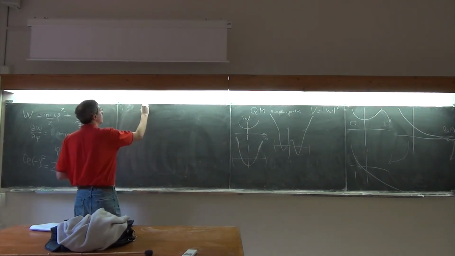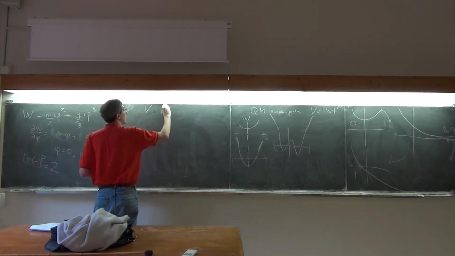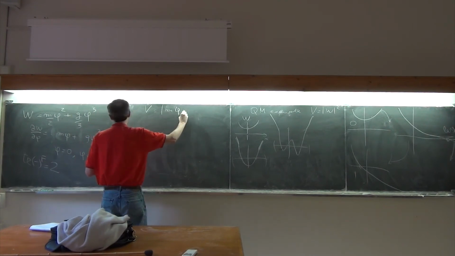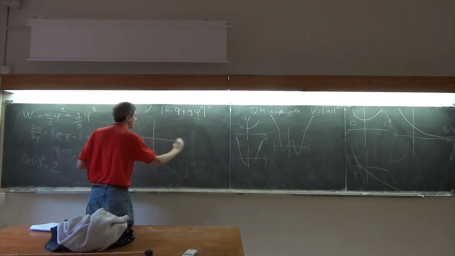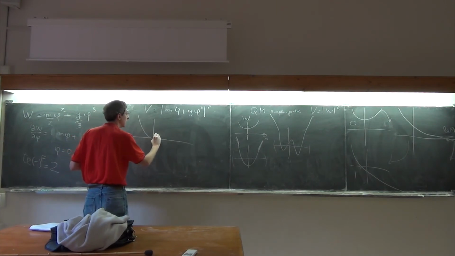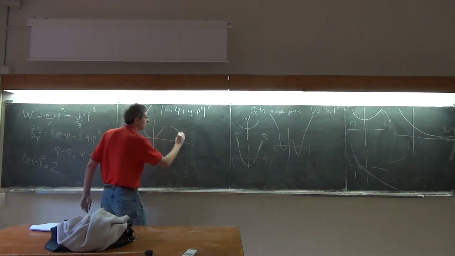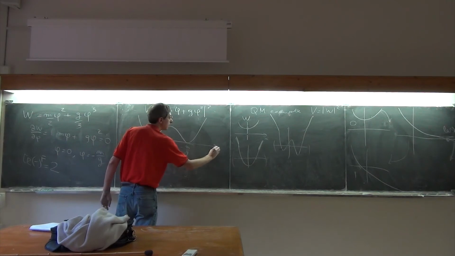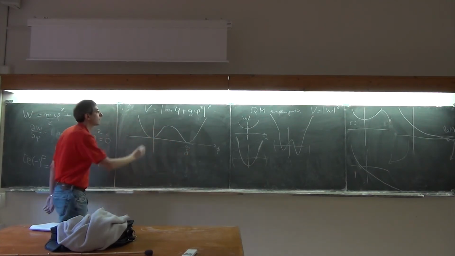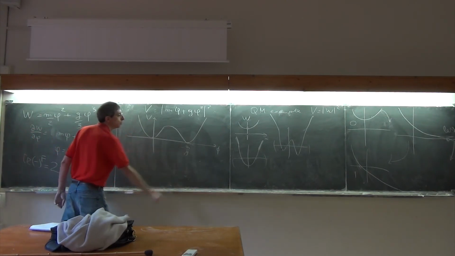The potential here is m phi plus g phi squared, squared. So the potential has a 0 at 0, and another 0 somewhere at minus m over g. Right? And these are my two ground states.